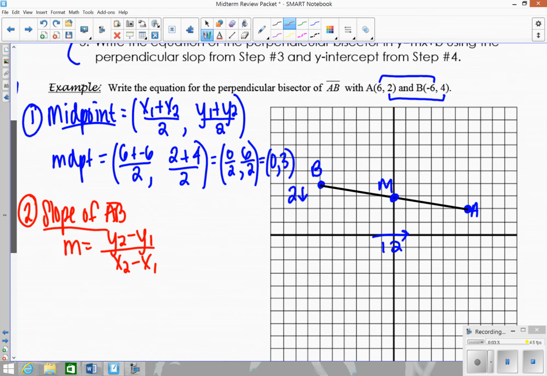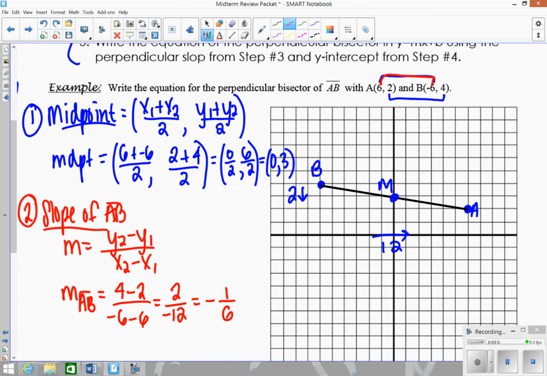We're going to label this the slope of segment AB. I'm going to subtract the y's: 4 minus 2. And then subtract the x's: negative 6 minus 6. So we get 2 on top, negative 12 on the bottom, which becomes negative 1 over 6 when you divide the top and bottom both by 2.